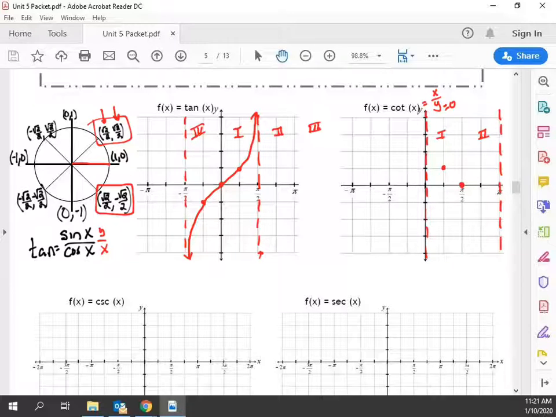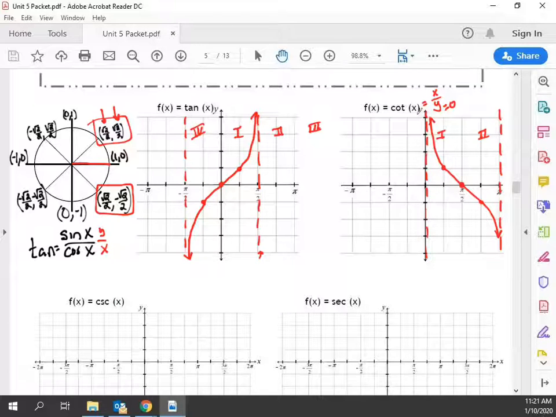What about quadrant 2? So cotangent is actually going to start with an asymptote and be decreasing.